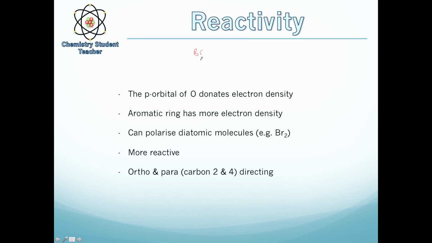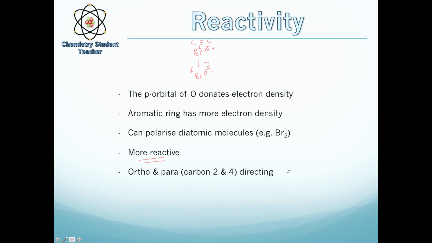So if you remember in alkenes, as they come close to a double bond, they can actually polarize them if you had the carbon-carbon double bond here, as the electron density of carbon-carbon double bond pushes the shared pair of electrons kind of towards the other one, causing a partial charge, meaning that it can attack and so forth. Well, the same kind of thing can actually happen with phenol, because it now has a high enough electron density. Unlike benzene, benzene's electron density was not quite high enough, which makes it more reactive.